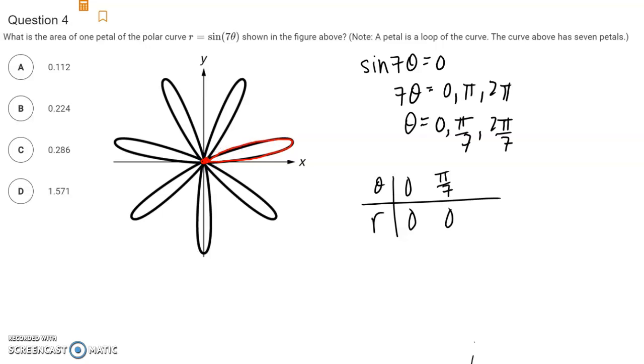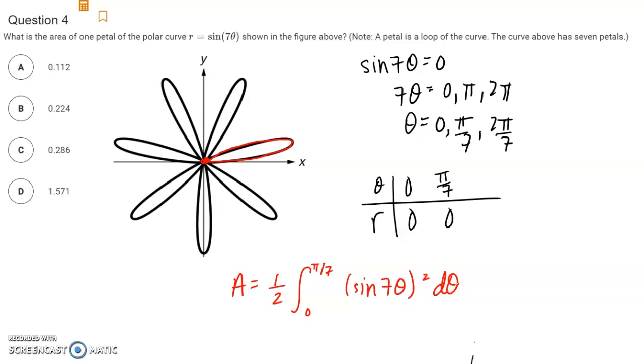Okay, so I'm thinking maybe some people did the 2 times 1/2 here, but from 0 to pi over 7, one whole petal is drawn. So area is just 1/2, and this is calculator. If you got all this right, but you plugged it into your calculator incorrectly, then that's another discussion we can have.